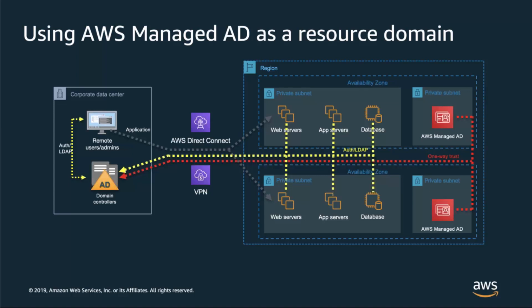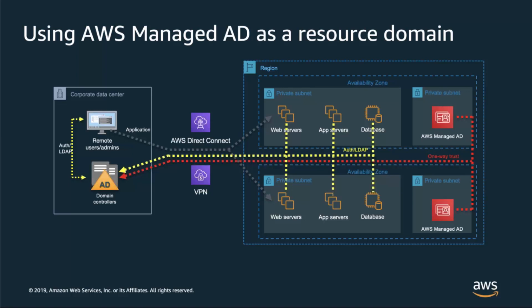If a remote admin wants to RDP to a server, he would first log in locally to his workstation, and that authentication would occur locally on the on-premises AD, since that's local. But when he logs into the web server, that authentication still goes back to the on-premises AD because that user object doesn't exist in AWS Managed AD.